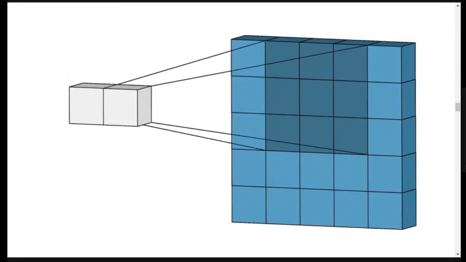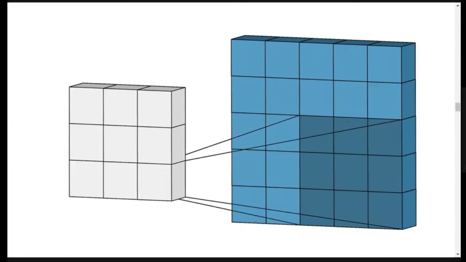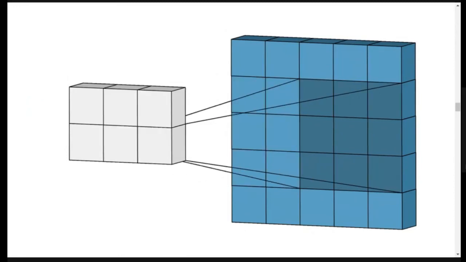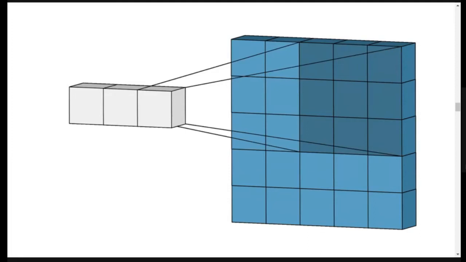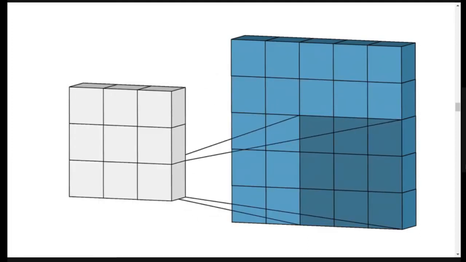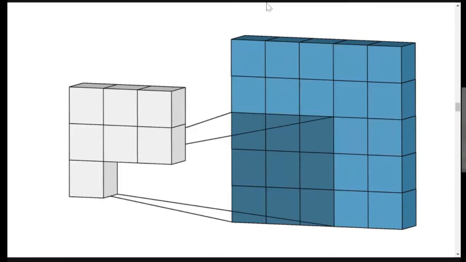Then 3 by 3 will become 1 by 1, and the remaining pixels will be the result of padding. So you're reducing the information that comes from the original image, which is why small data usually does not do well for really large networks.